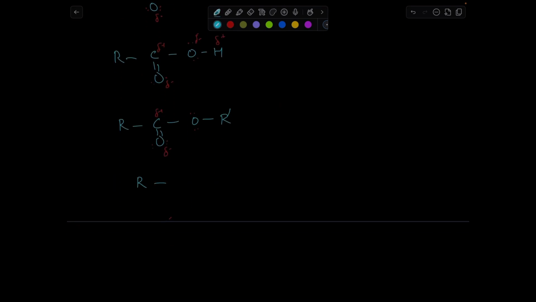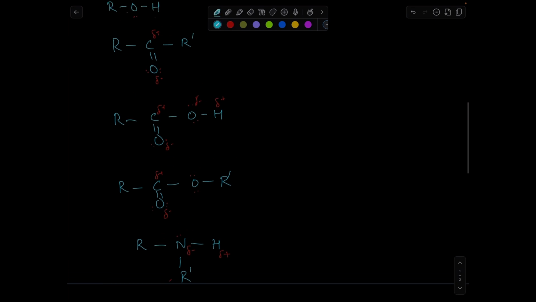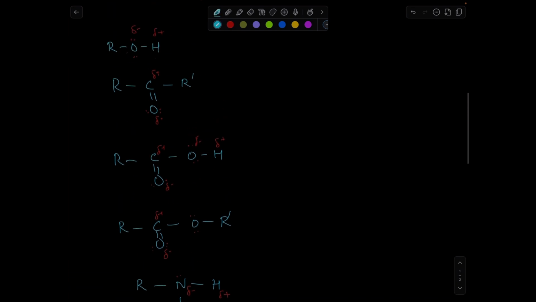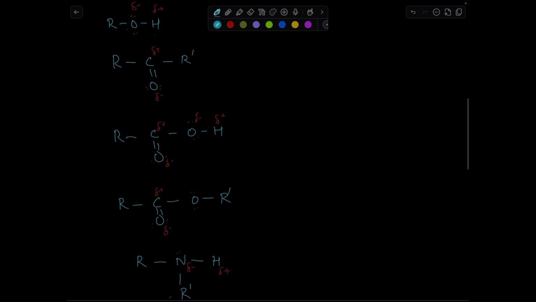Coming to amines, nitrogen is more electronegative compared to carbon and hydrogen, and so it carries a partial negative charge and the hydrogen carries a partial positive charge. So these molecules have functional groups that are polar and impart polarity to the molecule.